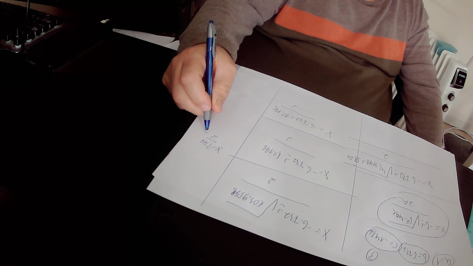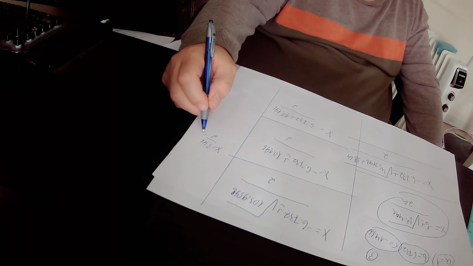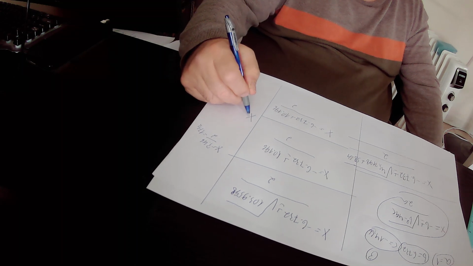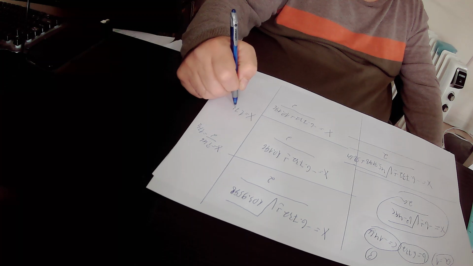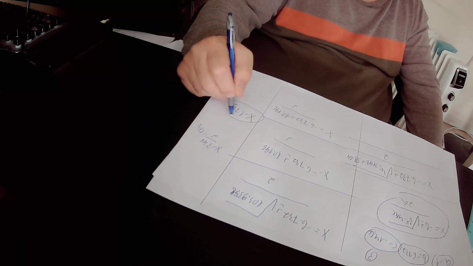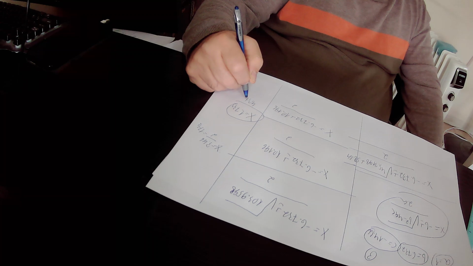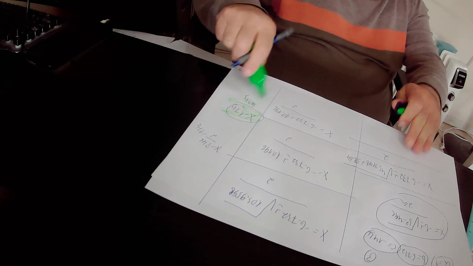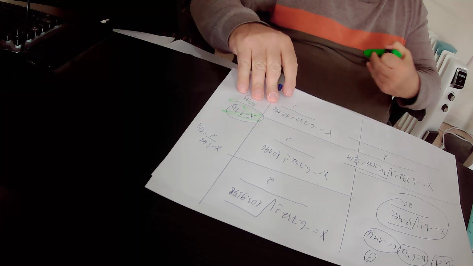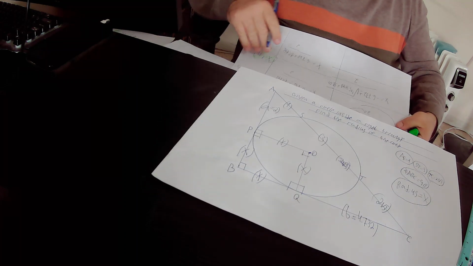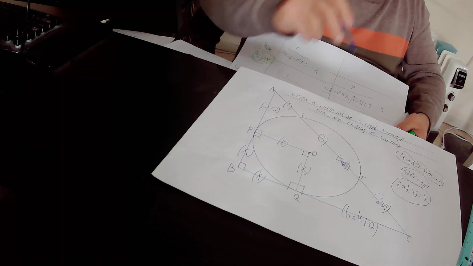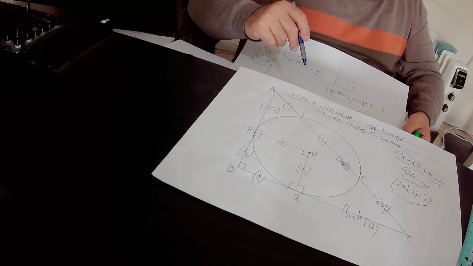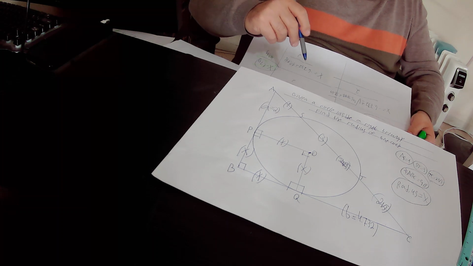So x equals 3.46 over 2. That is actually 1.732. In conclusion, we found out that x equals 1.732 units in length. Repeat again. The radius x of this circle is equal to 1.732 units in length.